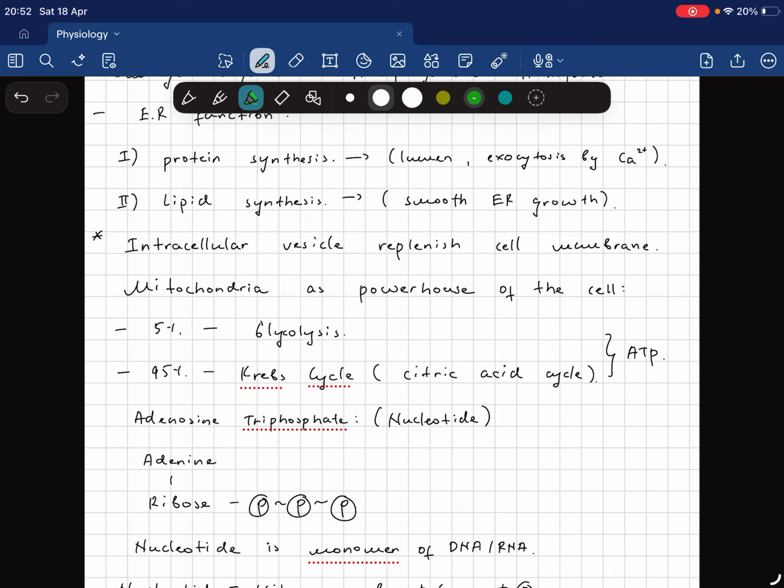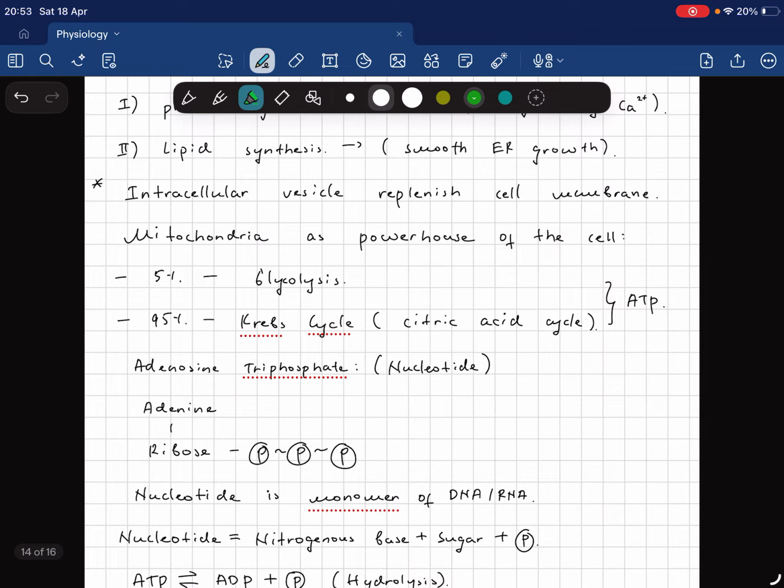One is that the protein is sent to the lumen, and the other is that it is sent outside the cell by the secretory vesicle, and that is done with the help of calcium ion. And next is lipid synthesis, which is done by the smooth endoplasmic reticulum.